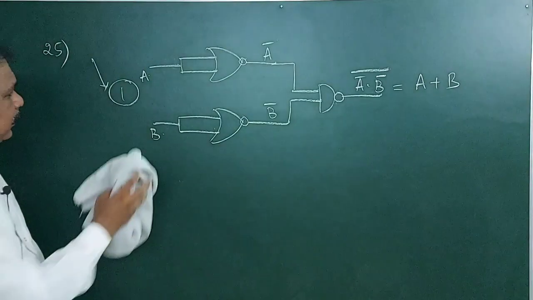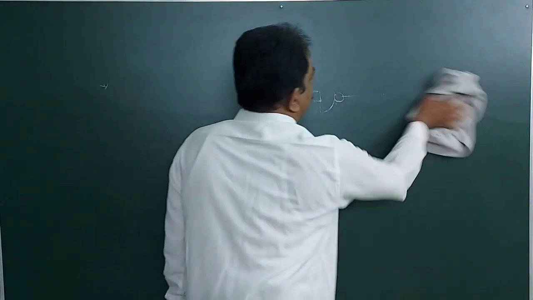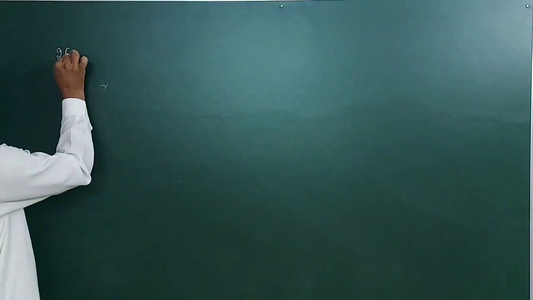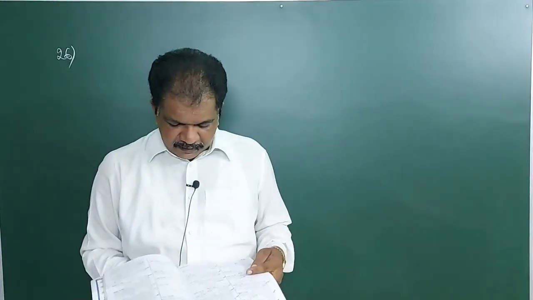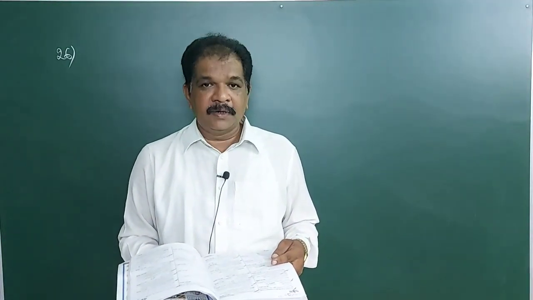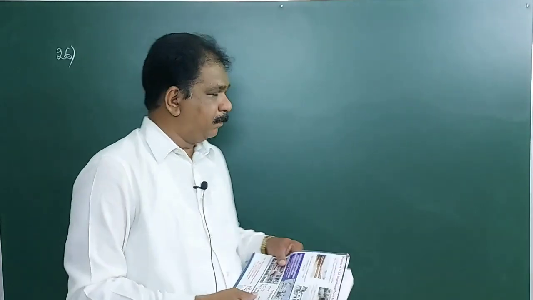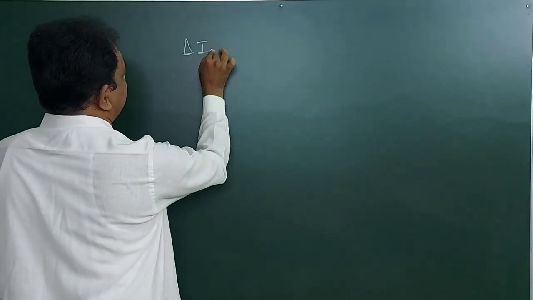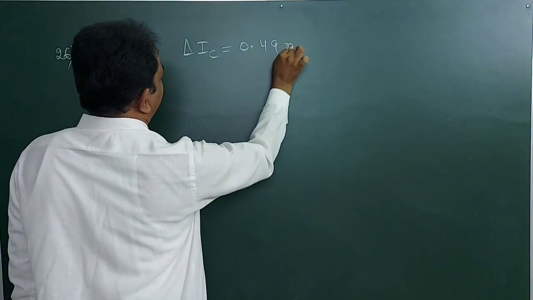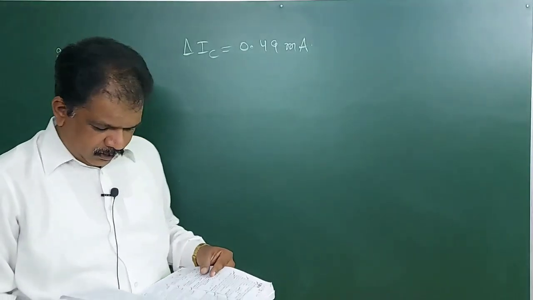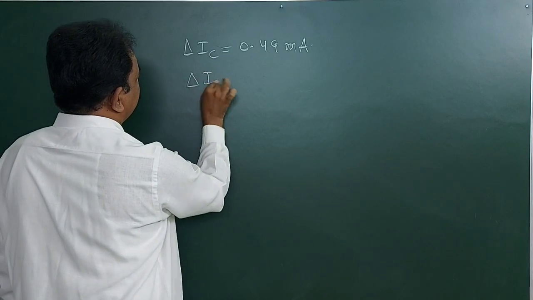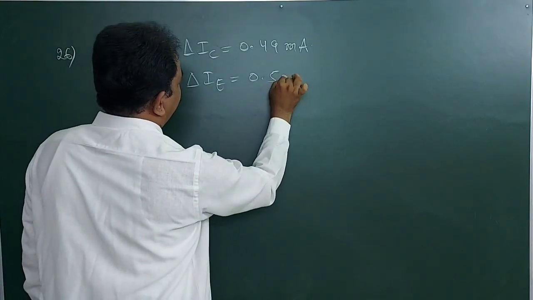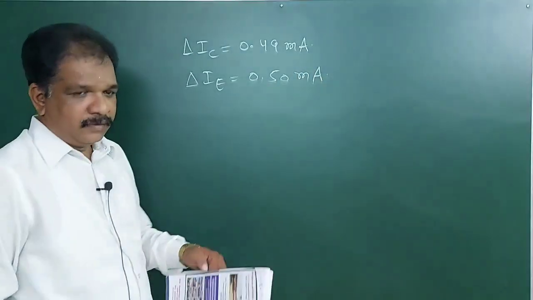Next, 26, you see. What are they asking? Transistor collector current varies by 0.49 milliampere. So delta IC is equal to 0.49 milliampere. Emitter current varies by 0.50 milliampere.